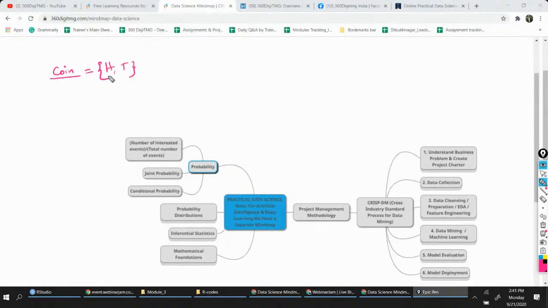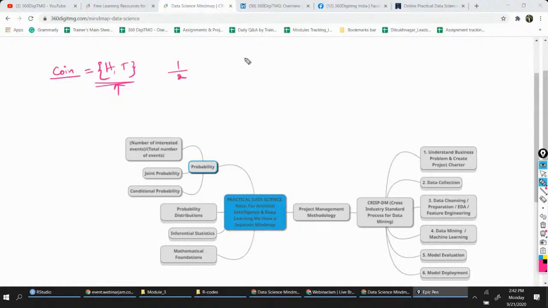Now, when you are flipping the coin, what is the chance that you end up getting heads? How many heads are there in this possible outcome list? Only one head. Out of how many possible values that you might end up getting? 2. So probability is 1 by 2. Interested events by total events.